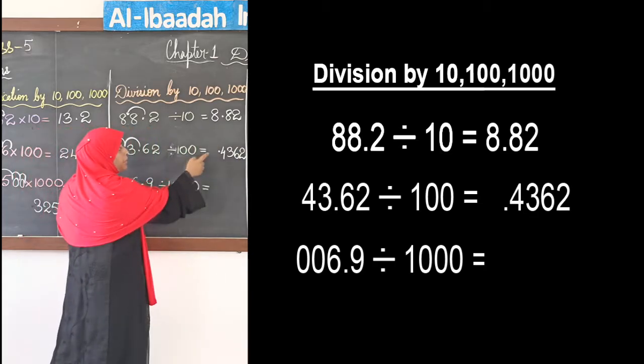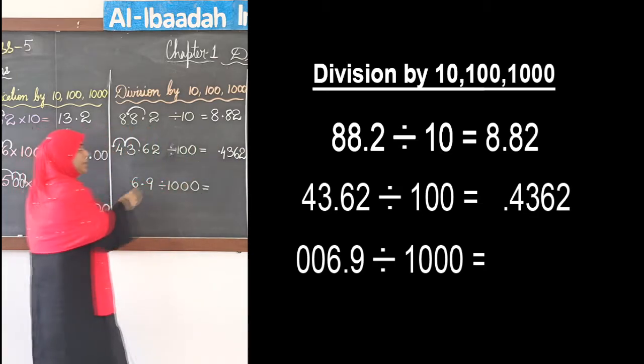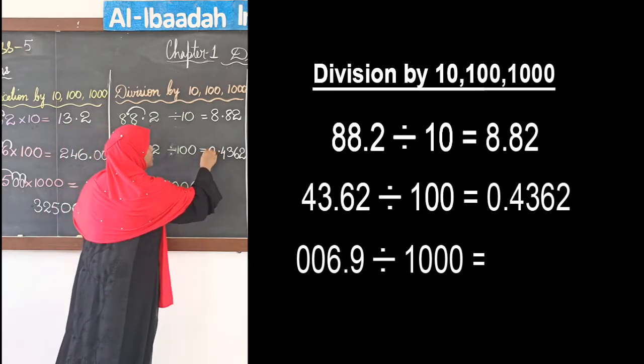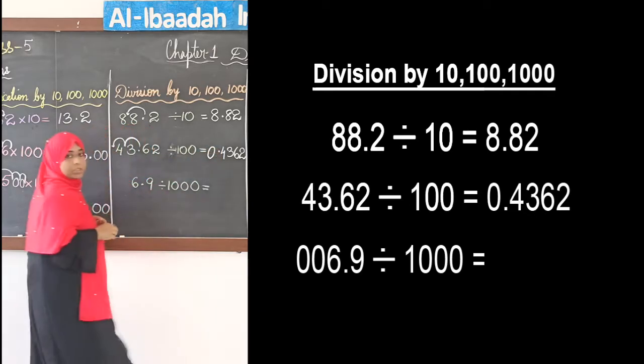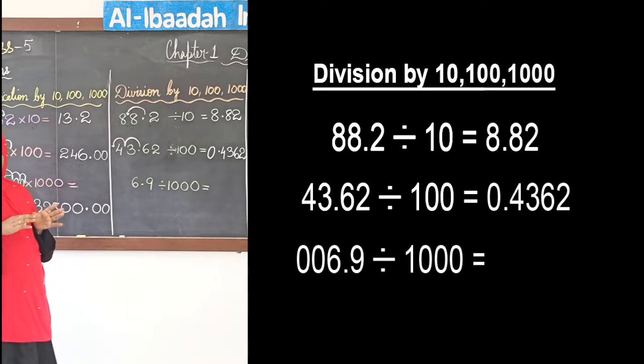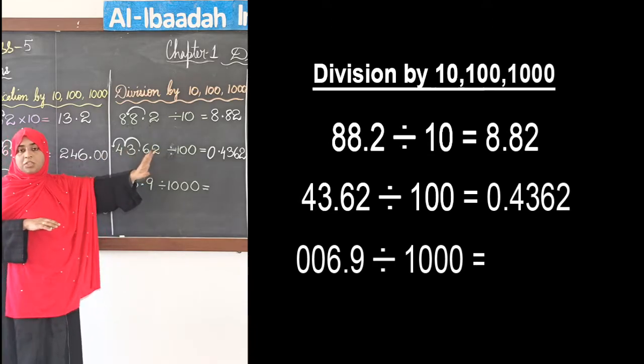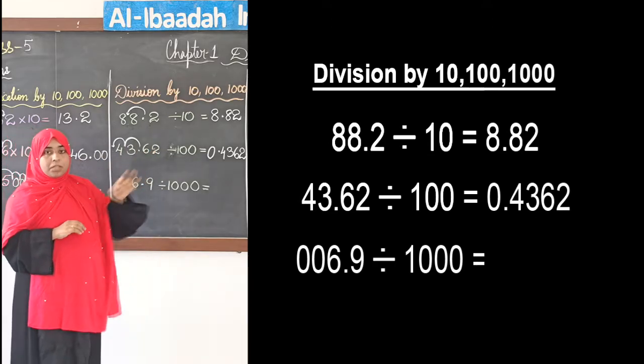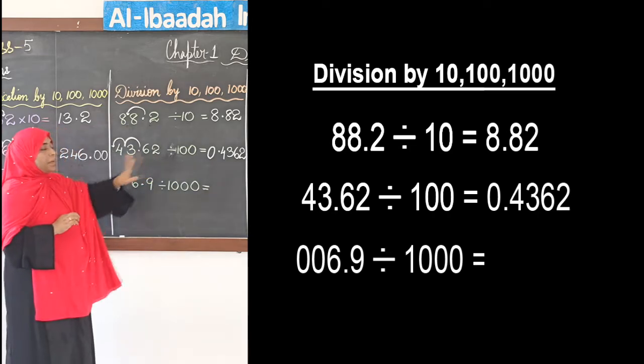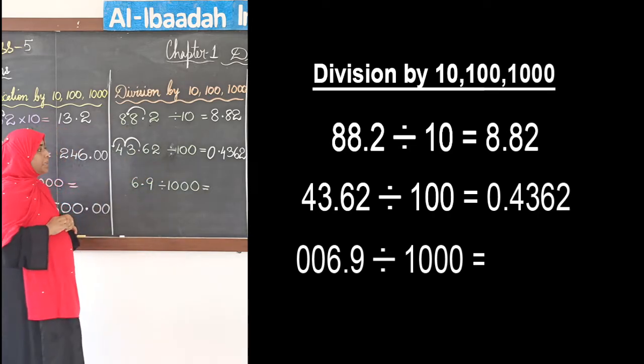Now, there is no number in the whole number part, so we can add a 0 over there. The value will not change. When we divided by 100, there was no more whole number, as all the digits went towards the fractional or decimal part. So, we will keep the whole number as 0.